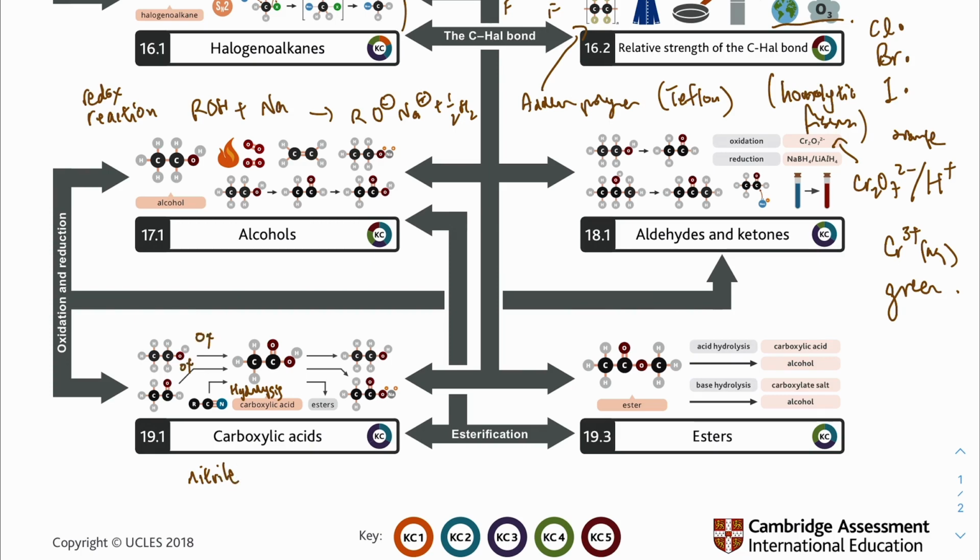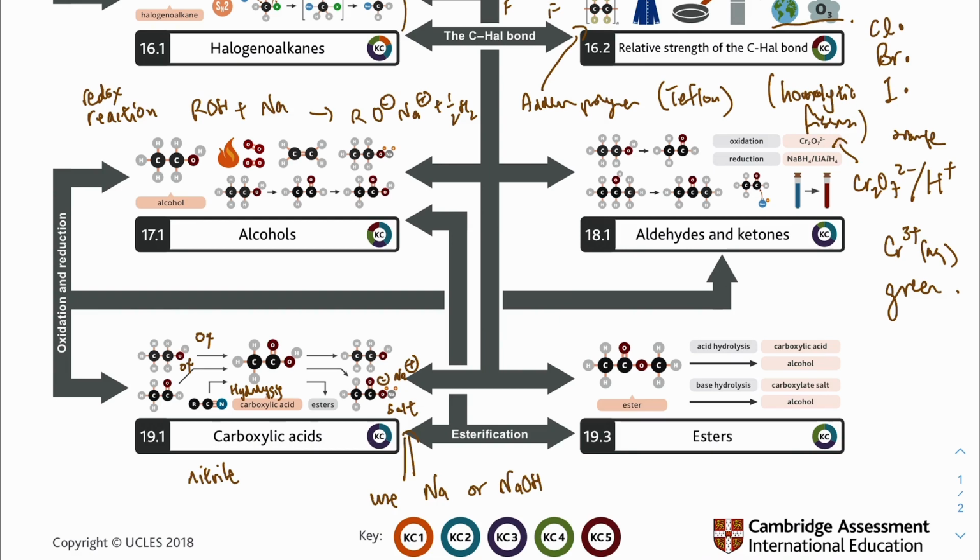From the carboxylic acid itself, you can get the salt, either with sodium, or with sodium hydroxide. So this is a salt. You can either use a metal, so metal plus acid will give you salt and hydrogen gas, or you can use a base, because this is acidic. A base plus acid will give you salt and water, not hydrogen gas.